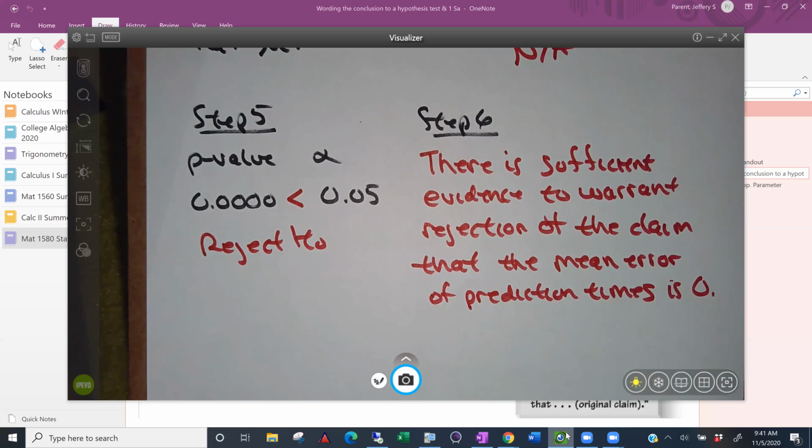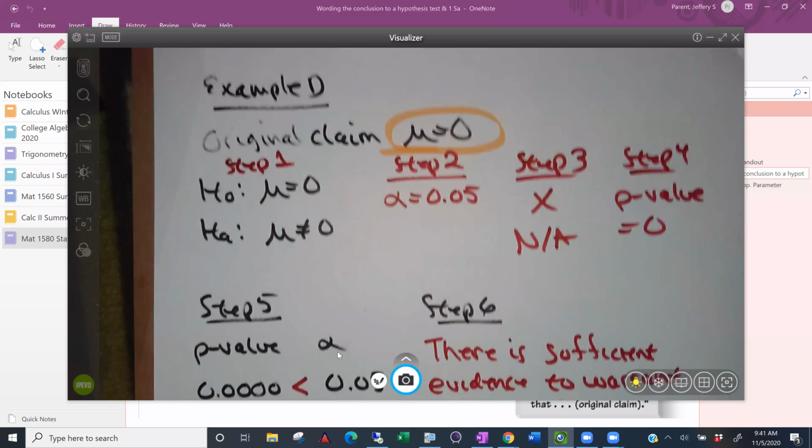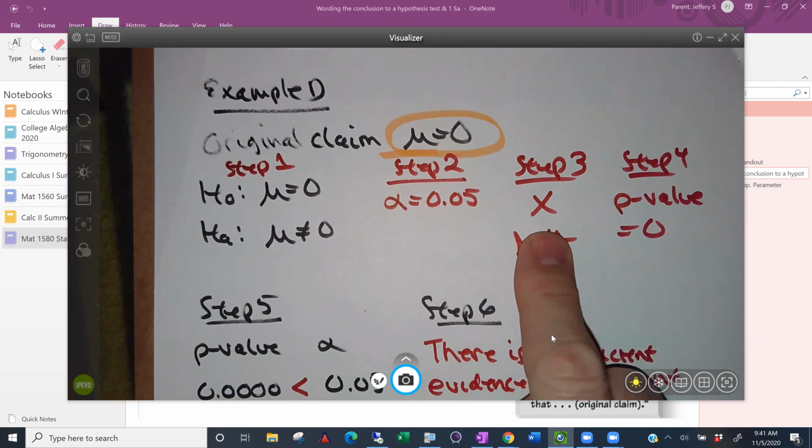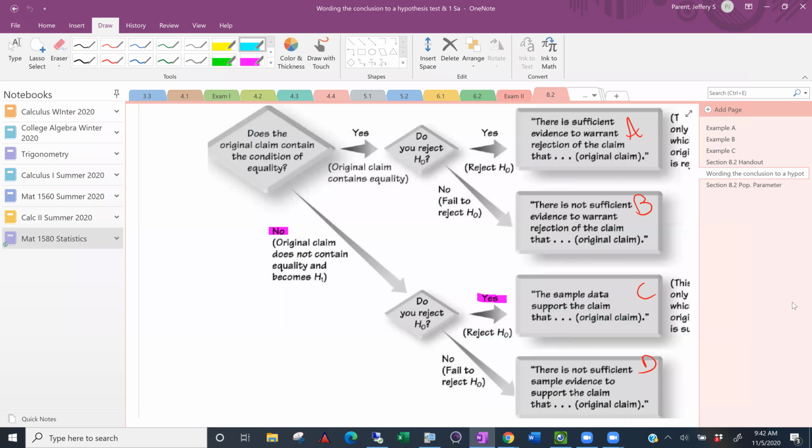Real quick, sir. Yes. Could you please go over step 3 and 4 again? I kind of missed that part. Sure. So step 3 for us is typically going to be to input the data or some summary statistics into StatDisk. But since we didn't have the data, that one was not applicable. We didn't do that part. But the output of the problem did show us what the p-value was.